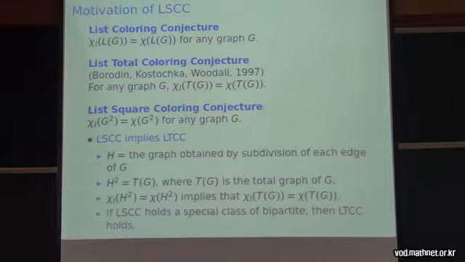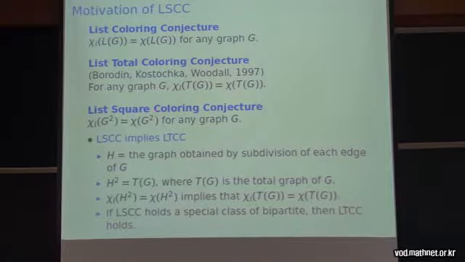I mean, we want to color vertices and edges at the same time. Borodin, Kostochka, and Woodall suggested that every total graph is chromatic-choosable. And then later, they made another conjecture, the list square coloring conjecture.